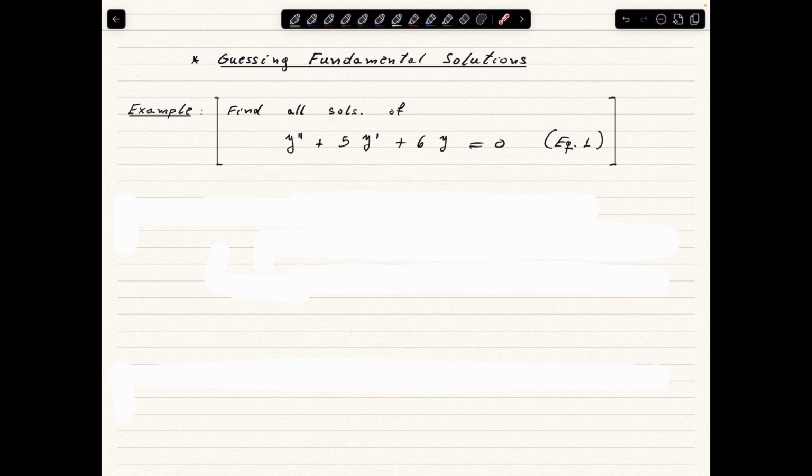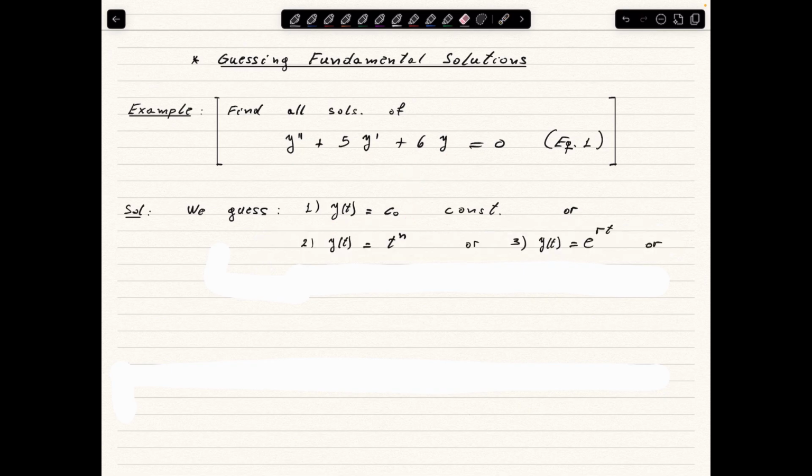And we are going to guess. So how do we guess? Well, we start guessing, for example, with a constant. We are going to plug in a constant for y and see if we can get a solution. If not, we are going to try polynomials, so power functions.